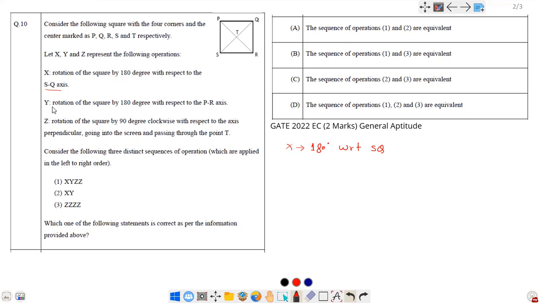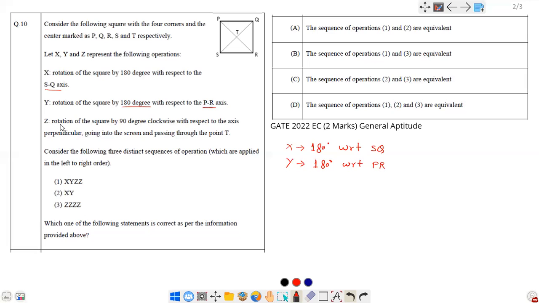Next, Y represents the rotation of the square by 180 degrees with respect to the PR axis. That means we have to rotate 180 degrees with respect to this PR axis. So Y represents 180 degree rotation with respect to the PR line.